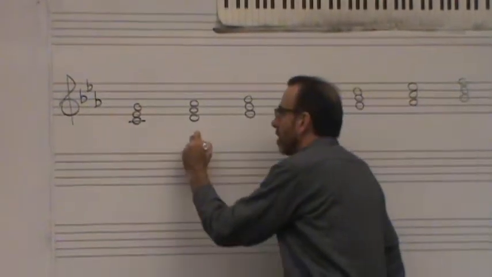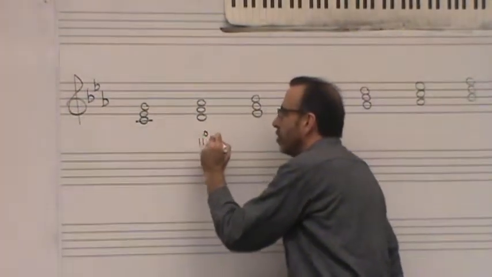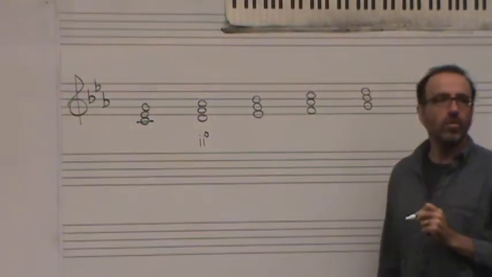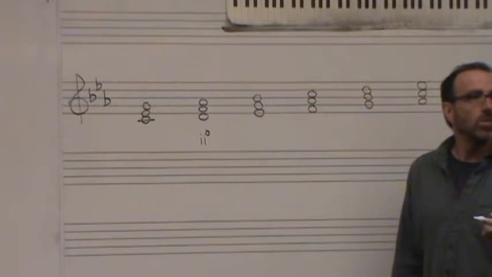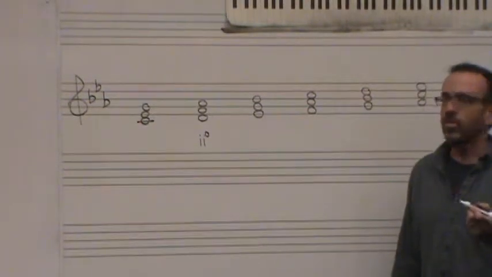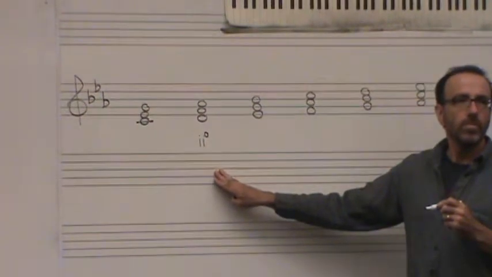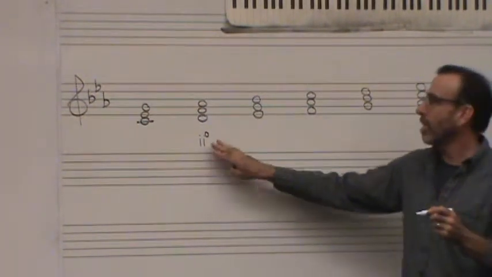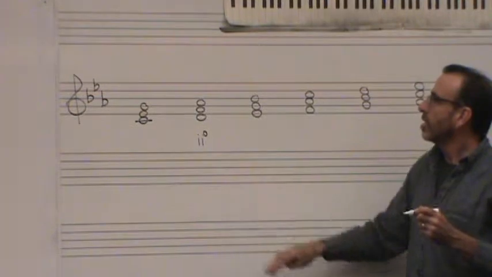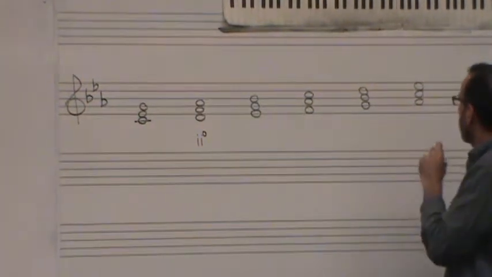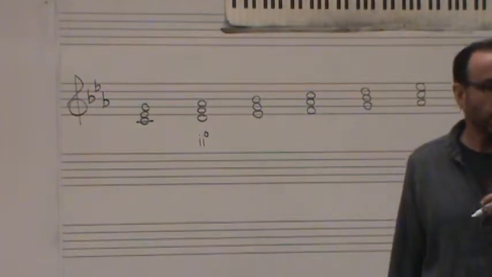For one thing, in minor, the 2 is the diminished triad, and so you're not going to tonicize 2 in a minor key. So there's no 5 of 2 in a minor key, unless the 2 happens to be something else other than the diminished triad.